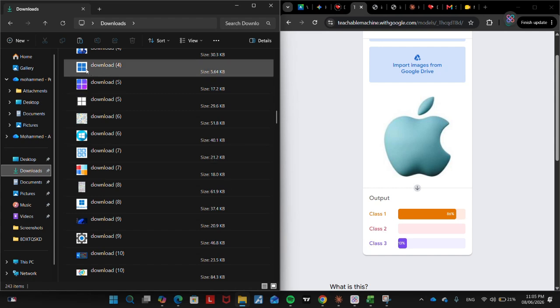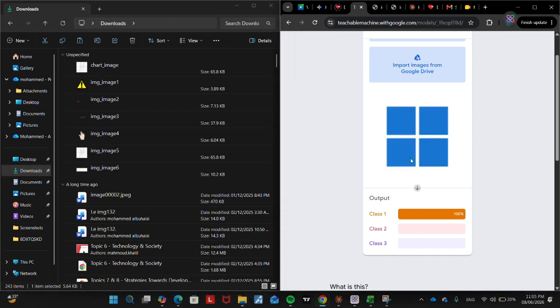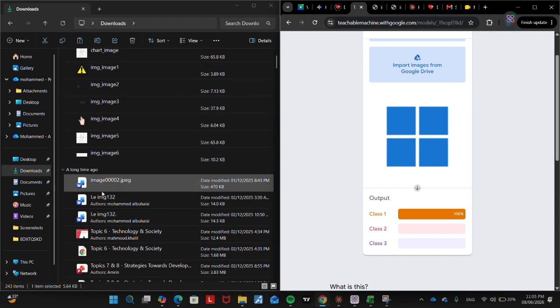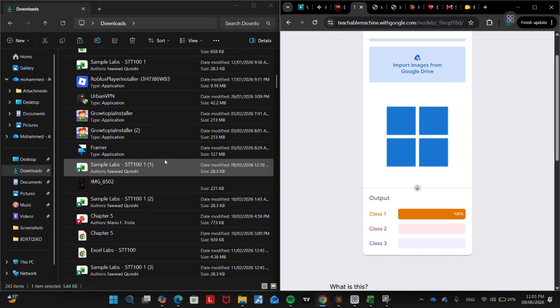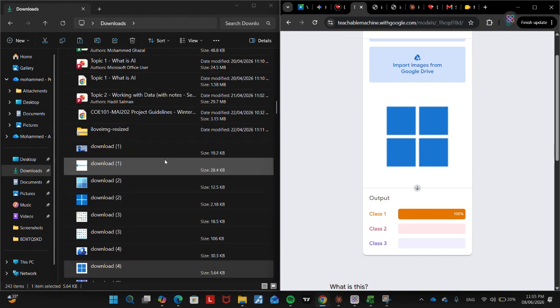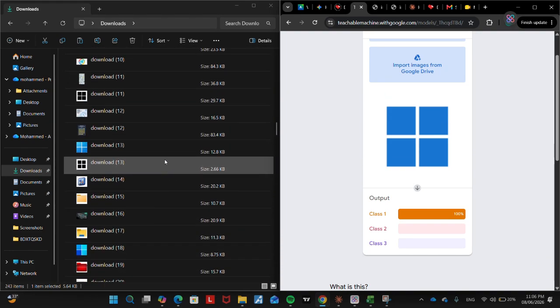Now we're going to upload one Windows image and see which class we get. Class 1 is Windows, class 2 is macOS, class 3 is Linux. As we can see, we put this picture in the model and it gave us 100% class 1, which is 100% Windows.